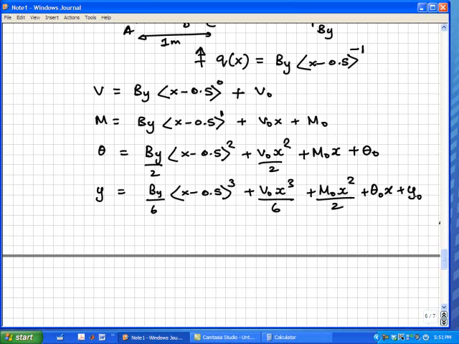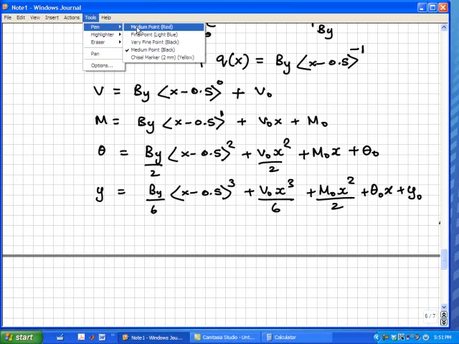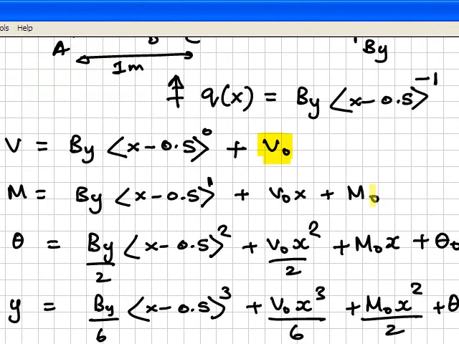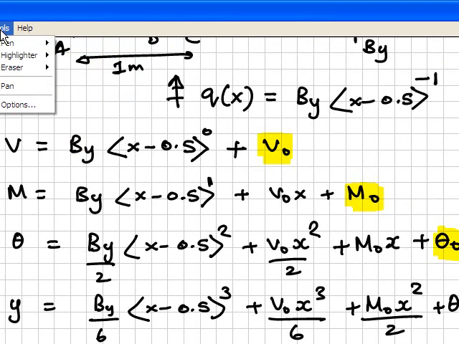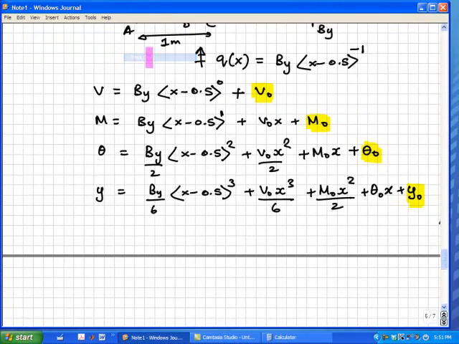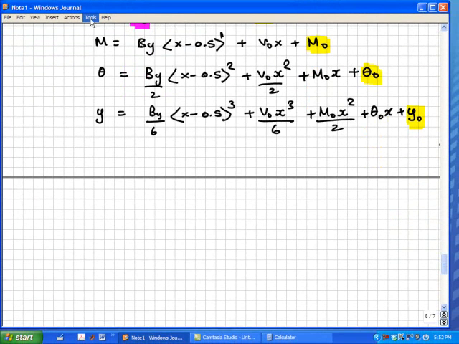So as usual, we have 4 boundary conditions. I'm going to highlight them: 1, 2, 3, 4. But we have one more here. You see that? I'm going to highlight it in a different color because I want you to see that there is one more. We'll have to find these 5 values. Let's see whether we can.